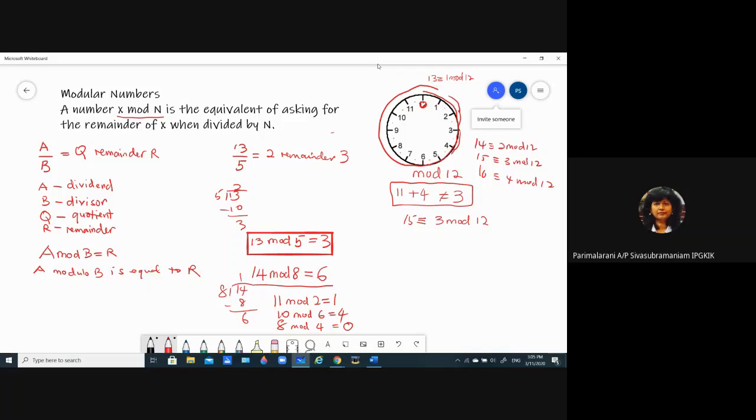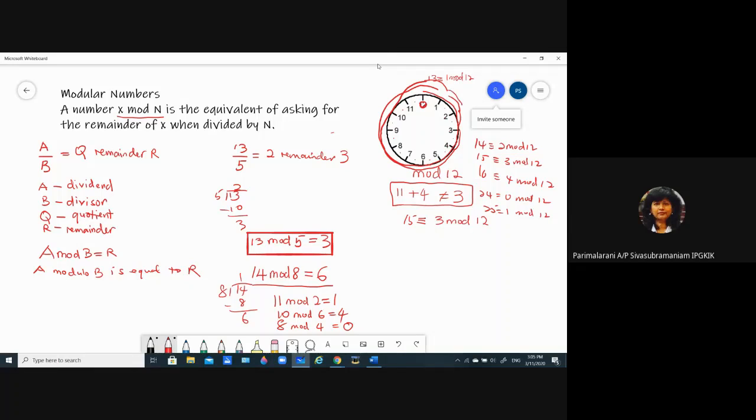So after 16, say we come back to this round here. What is this number here? We can reach 24, right? We have gone 2 circles, so this is 24. So what is 24? 24 is 0 mod 12. After 24 is 25. 25 is back to 1 mod 12.